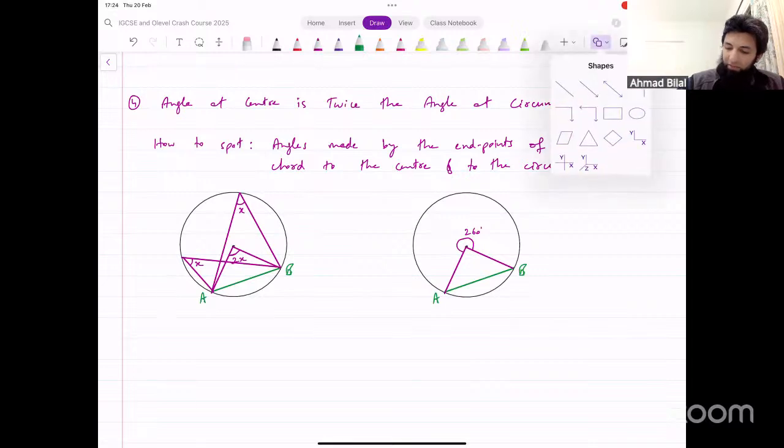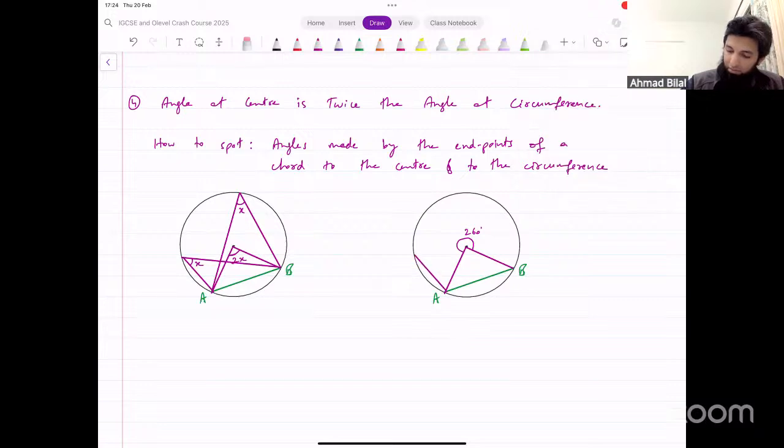And they ask you to find this particular angle. Now, how can you do that?